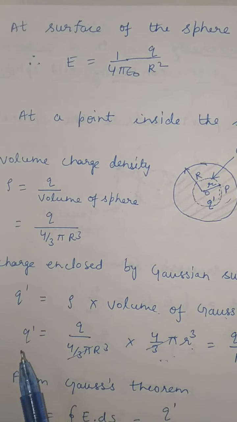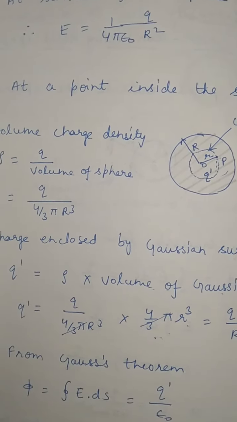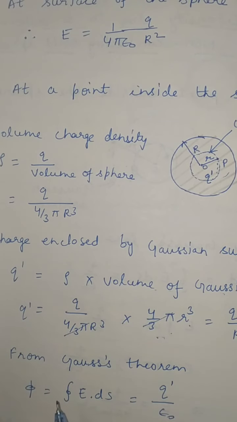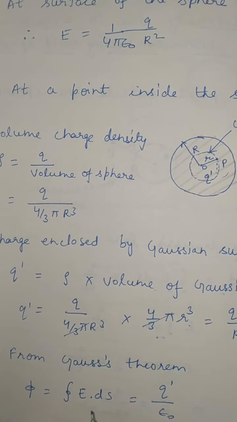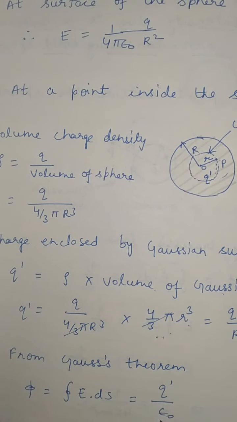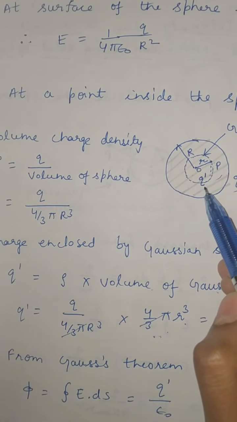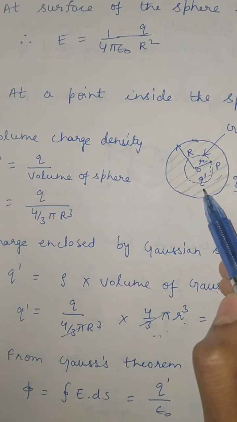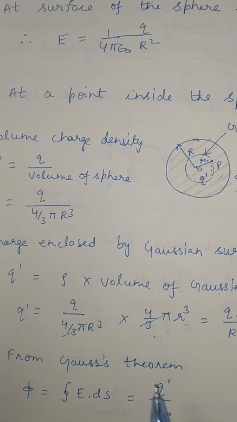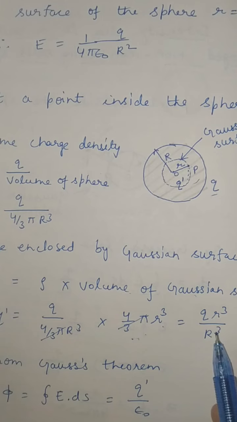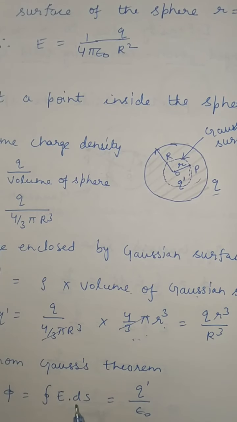We will use this value in Gauss's theorem. So this is Gauss's theorem: phi, the total flux, is equal to integral of E dot ds, and that is equal to 1 upon epsilon naught times the charge enclosed. I have taken the charge enclosed as Q dash because the Gaussian surface is only enclosing the charge Q dash. So we will put the value of Q dash from this equation, and the value of the area of this Gaussian surface.